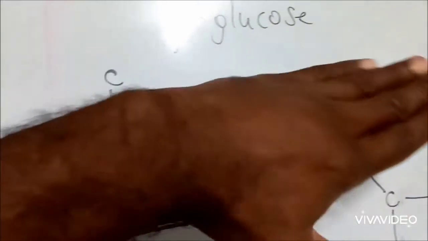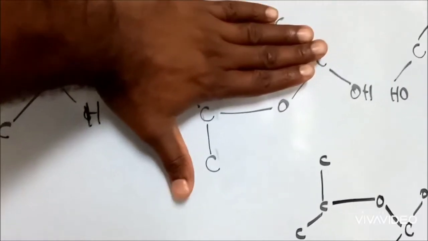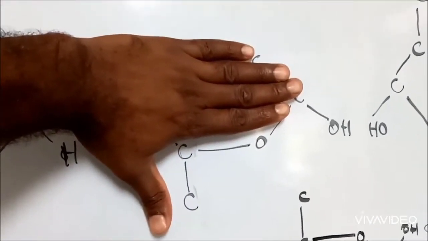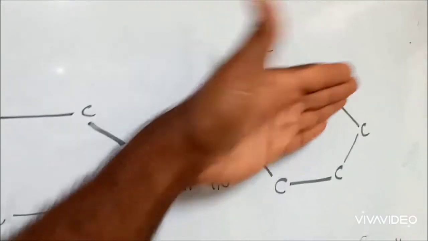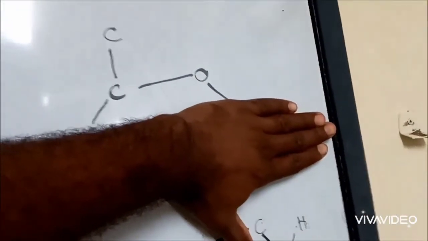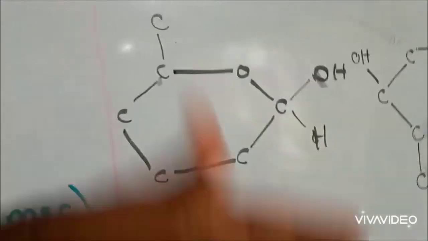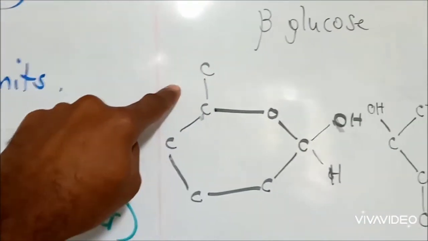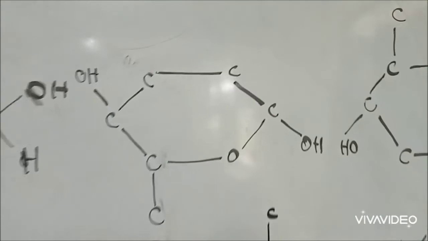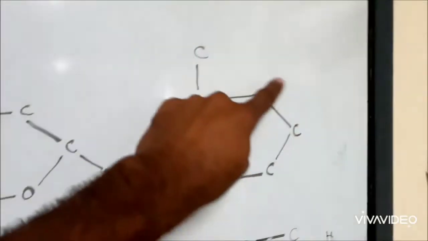For the second beta glucose, the carbon 6 will be down here. Good. And then for the third one, it goes back up here, and then for the fourth one, it goes down here. So that to that to that, look at them. Carbon 6 I have up there, flip it down here, and then I flip it again and it's up there.